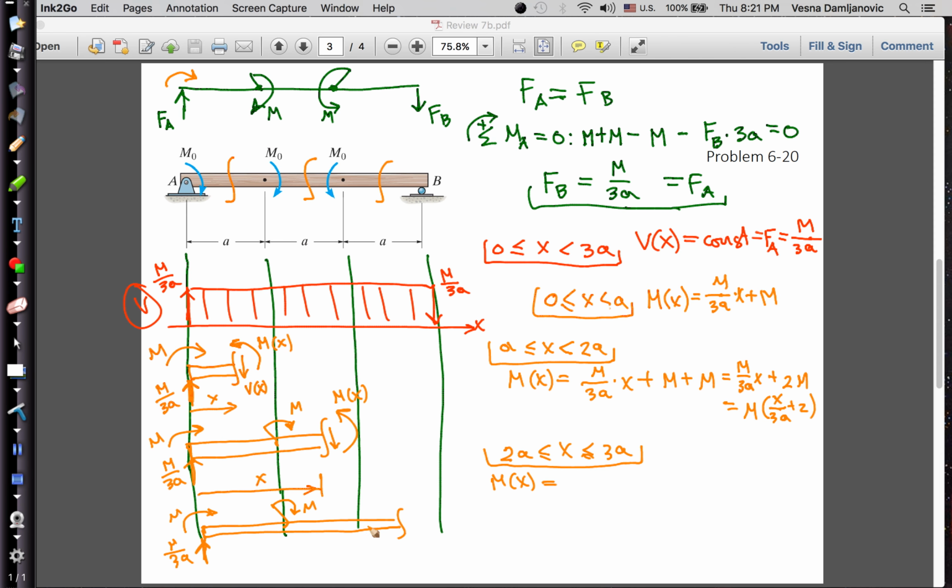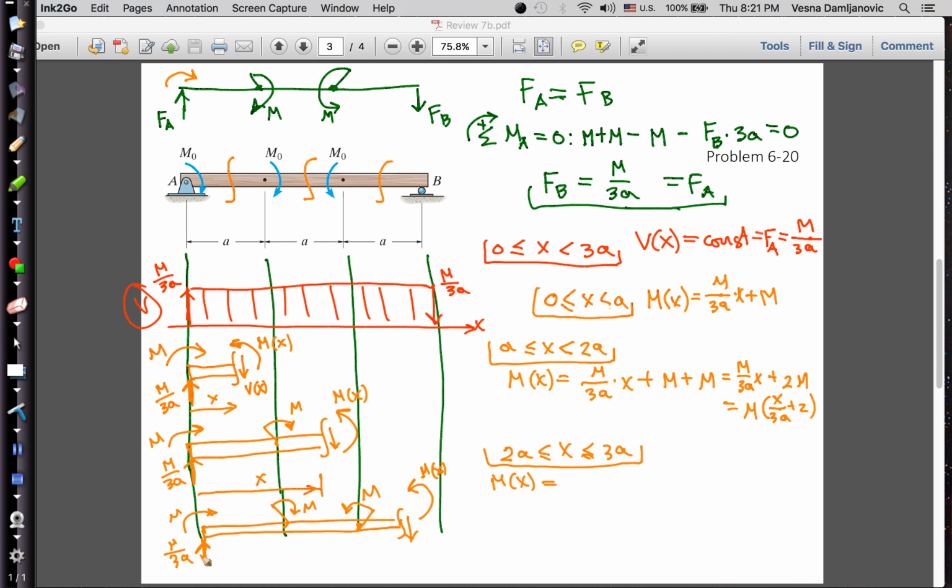That's also m, but now at this point we have the m in the opposite direction, okay? And in the section we have an internal shear and internal moment that I'm going to write like this. That's m of x, the one we're trying to calculate.